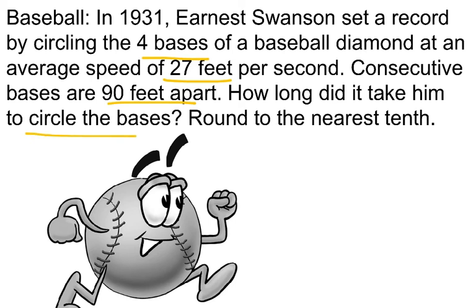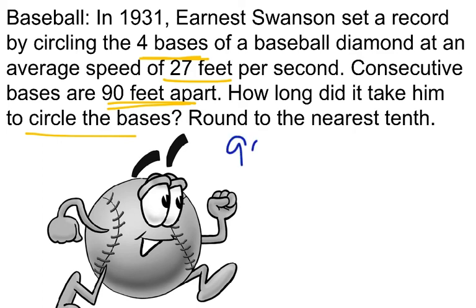So what we need to ask ourselves is a few things. We have 4 bases. And at those 4 bases, the speed was 27 feet per second. So this problem has a few things that we need to carefully observe. Well, we know that consecutive bases are 90 feet apart, and there are 4 of them. So we first need to figure out, well, how many feet is that total?